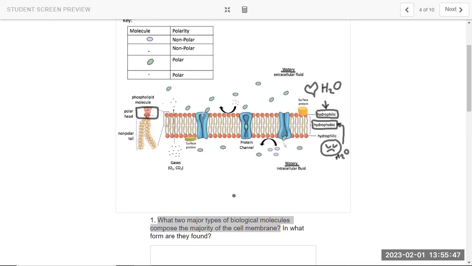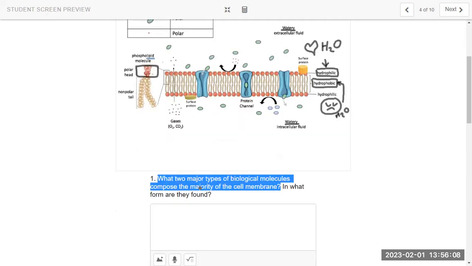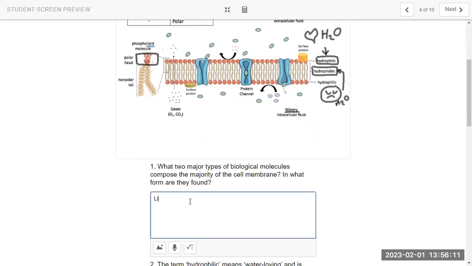What is the most abundant thing? Well, you have this phospholipid bilayer, and then you have these protein channels. What is the phospholipid bilayer made out of? Well, since we haven't discussed this before, I'm just going to highlight it right there for you. The phospholipid bilayer is made out of lipids.